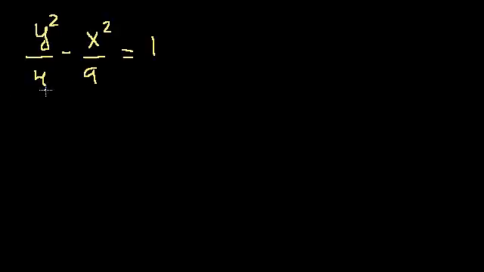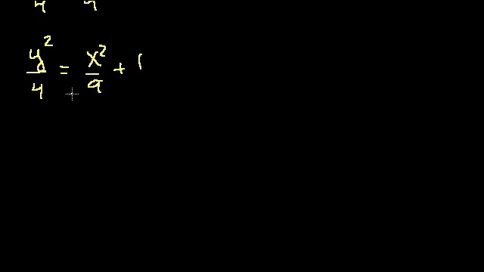Once again, I always forget the formulas, and I just try to solve for y and see what happens when x approaches positive or negative infinity. So if you solve for y, you can add x squared over 9 to both sides, and you get y squared over 4 is equal to x squared over 9 plus 1.